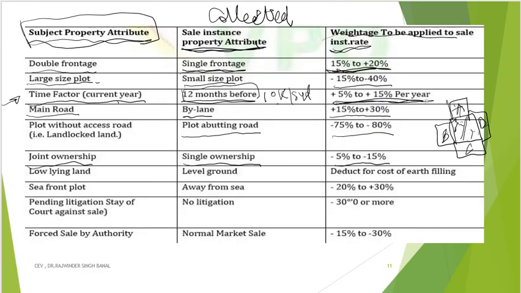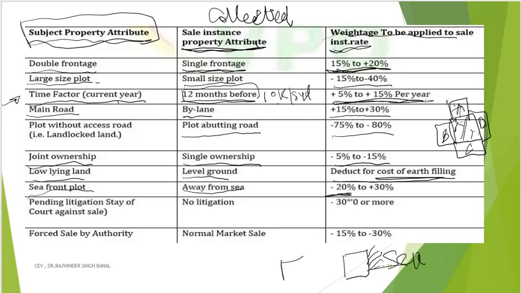If our plot is low lying land and the comparable was level ground, we will deduct the cost of earth filling. If it is a seafront plot, there are two cases. The plot may be near the sea where the sea waves are affecting the building, in which case we will apply minus 20% weightage.